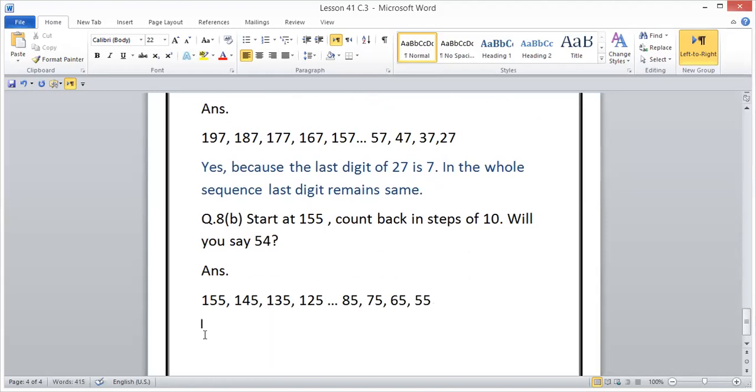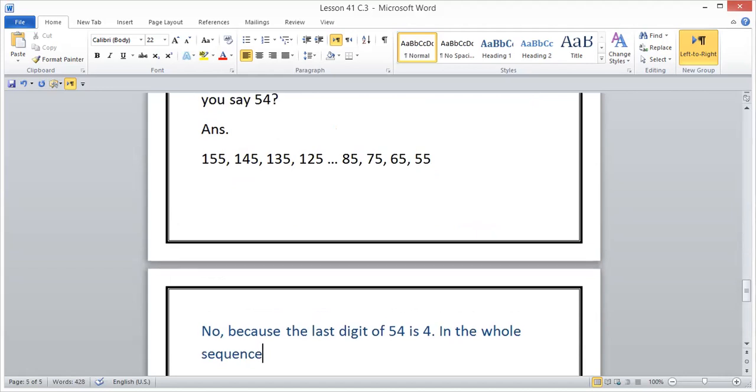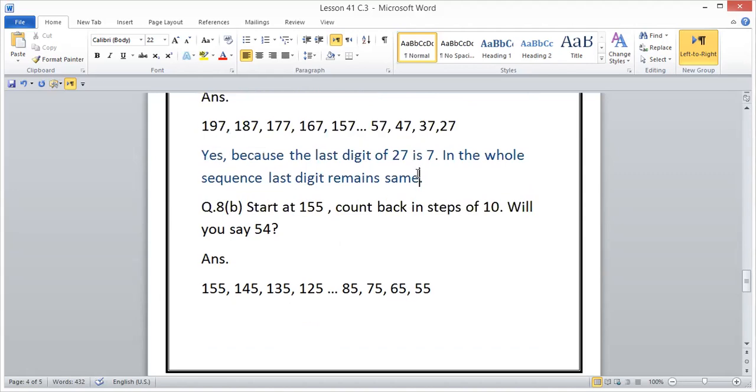So we will say no, because the last digit of 54 is 4. In the sequence, the last digit is 5.